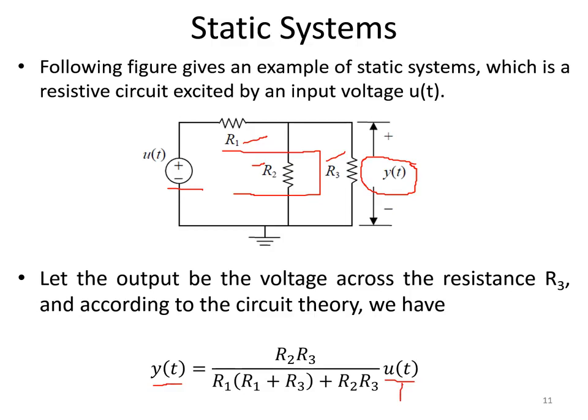We haven't really specified what exactly u of t is, but the output at time t only depends upon the input at time t multiplied by some constant number that is determined by the values of the resistances. So a simple electrical network of resistances is a good example of a static system.